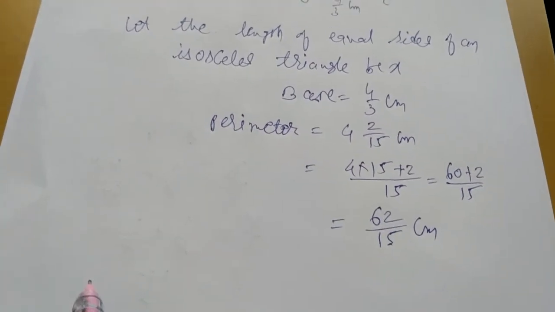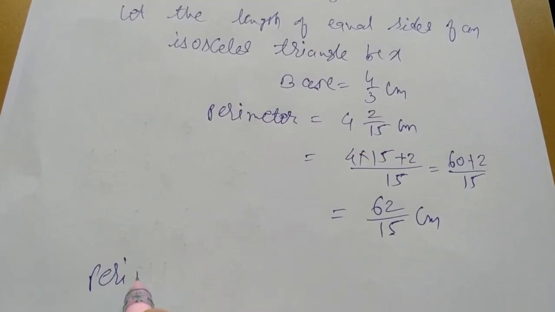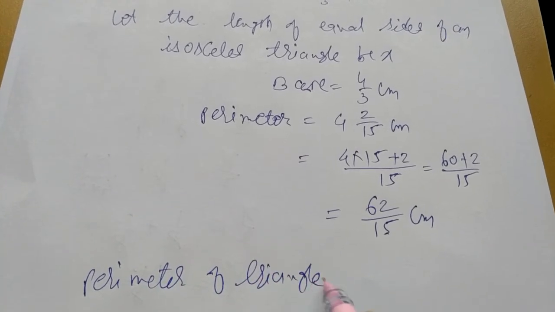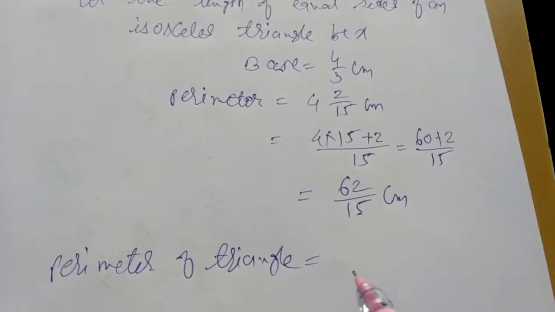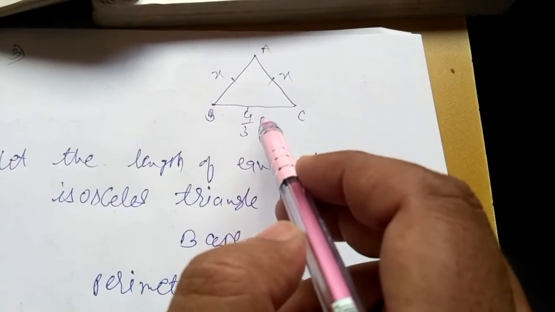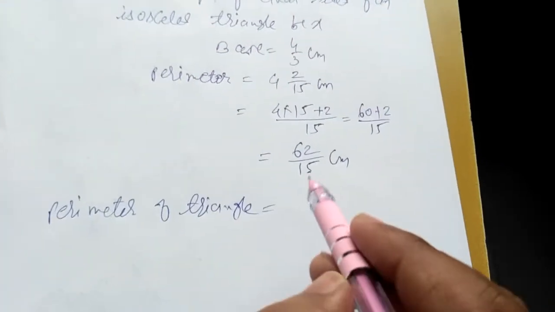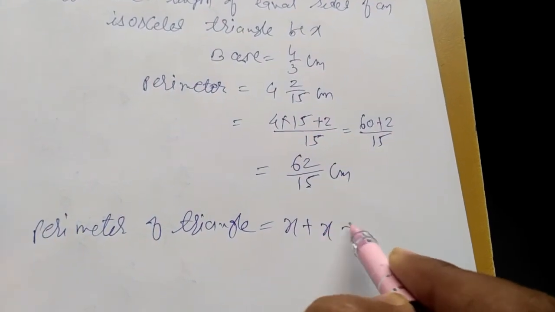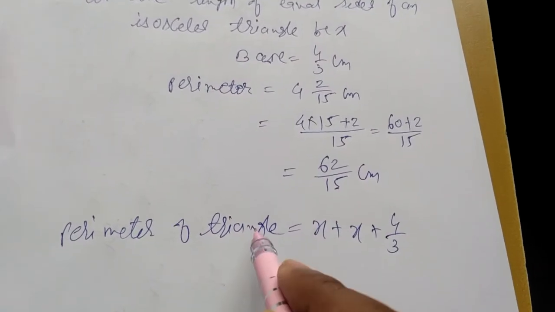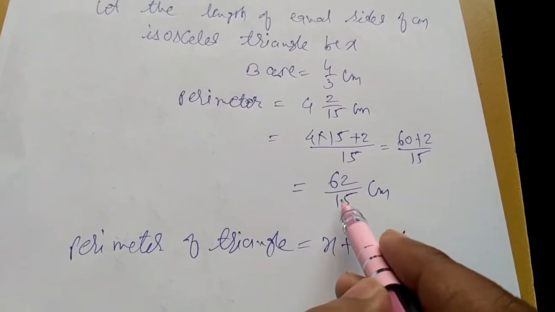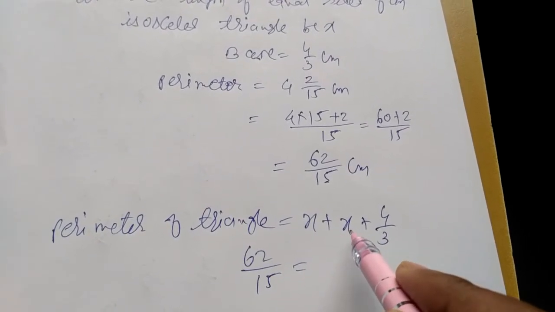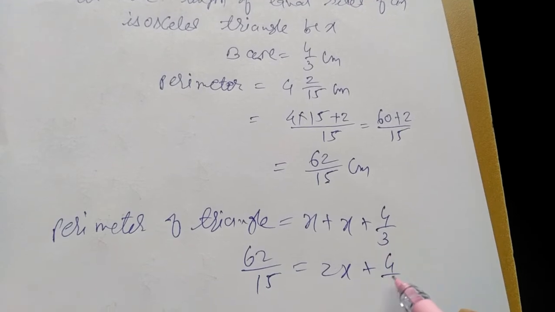We use the perimeter of the triangle, which means the sum of three sides. Two sides are x and the third side is 4/3. So the perimeter 62 upon 15 is equals to x plus x, means 2x plus 4/3.